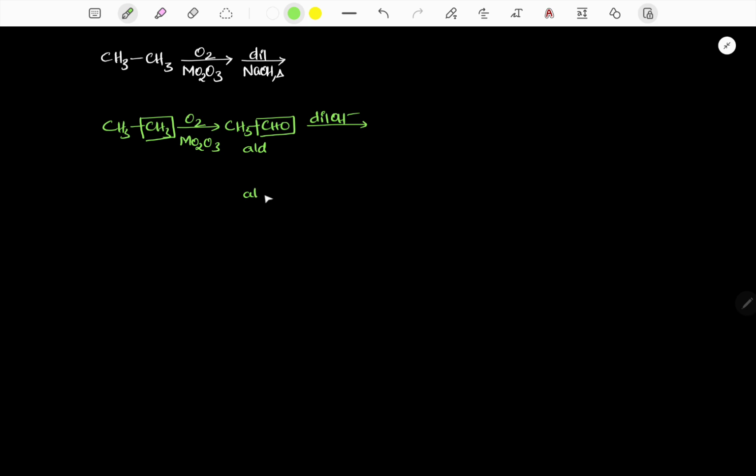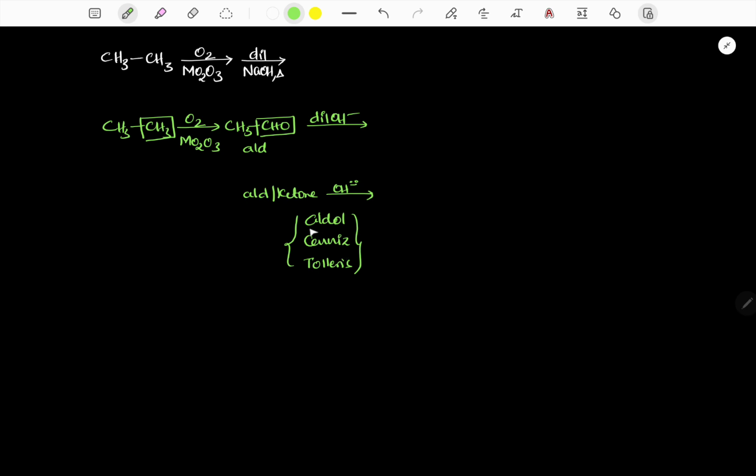We discussed already in the class, when aldehyde or ketone is treated with a base like OH minus, here first reaction is aldol, next reaction is Cannizzaro, next reaction is Tollens. So we have to start from these reactions. If these reactions are possible, don't look for the other reactions.